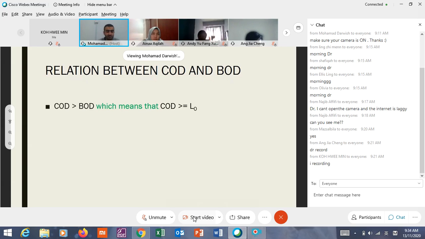That's what we mean by L naught. So COD will at least equal L naught, or maybe it will be higher, and in most cases it is higher than L naught. All right.